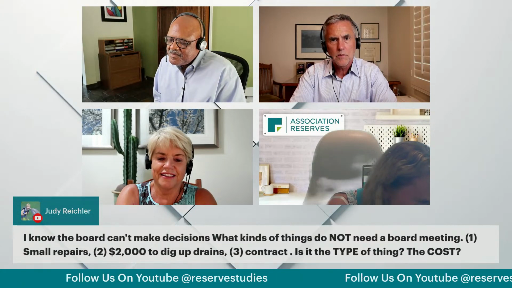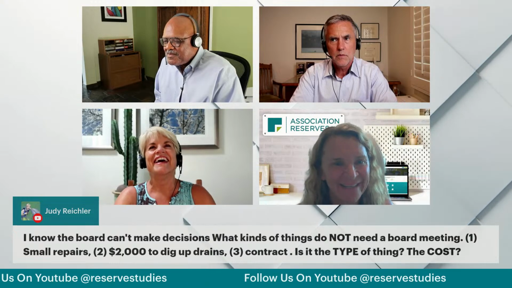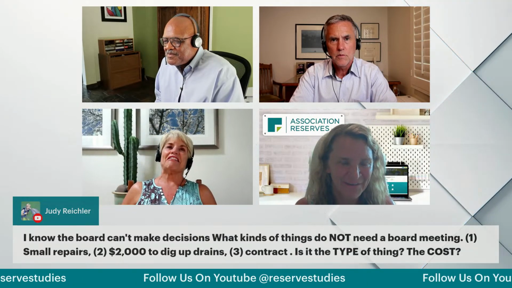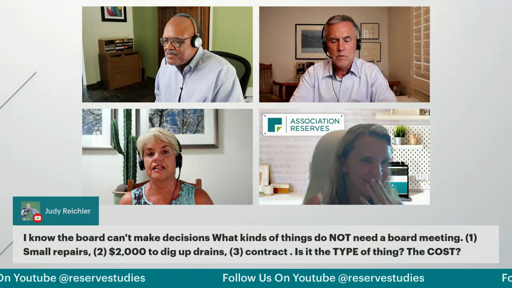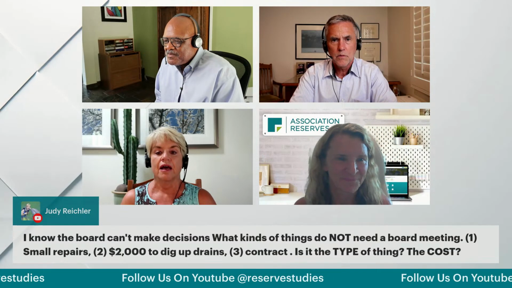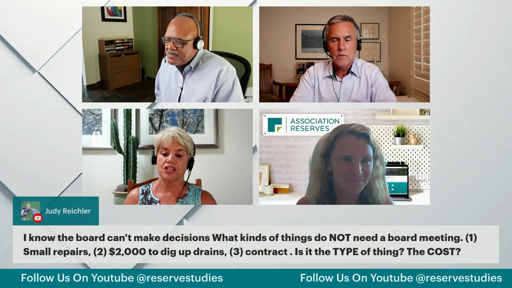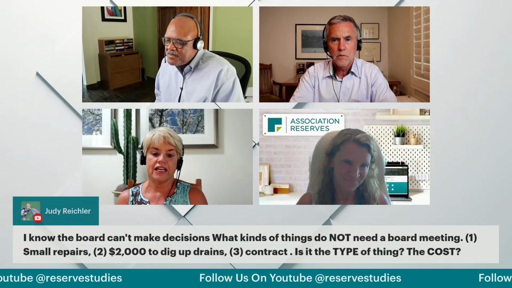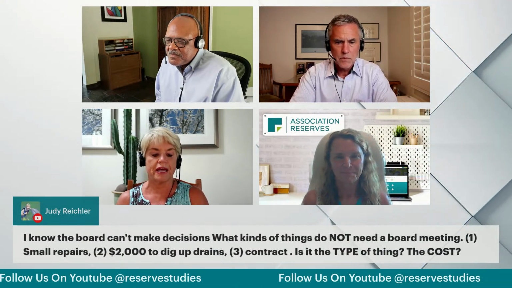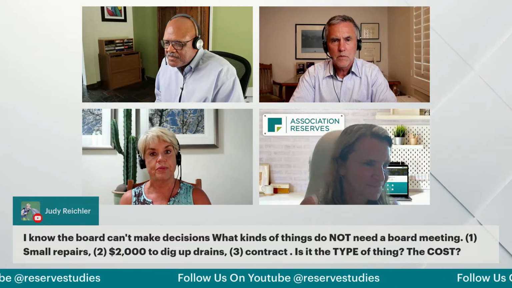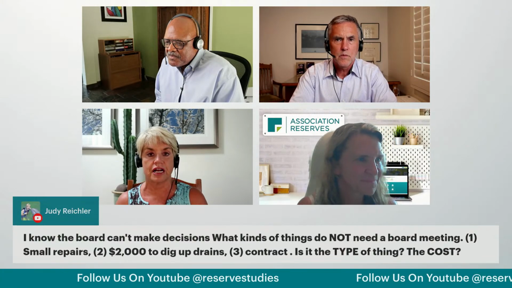Well, technically, all that kind of thing, especially if you're expending money, that decision should be made in a board meeting. Typically, an association will have a policy that the manager or the management company has the ability to spend up to X amount of dollars, and if you have a management company, that's usually in their contract.